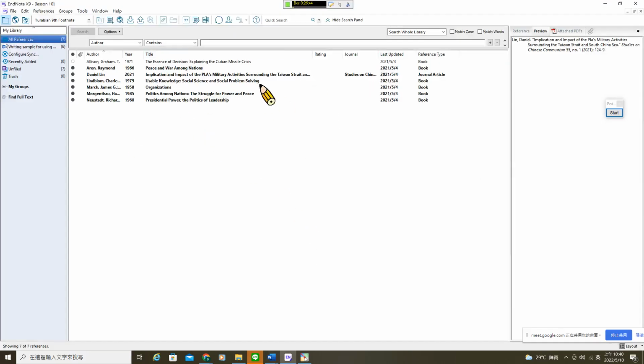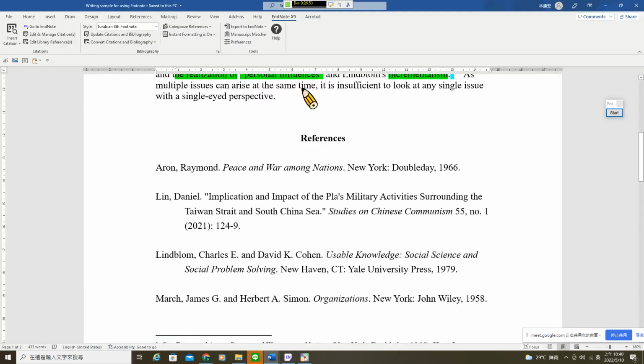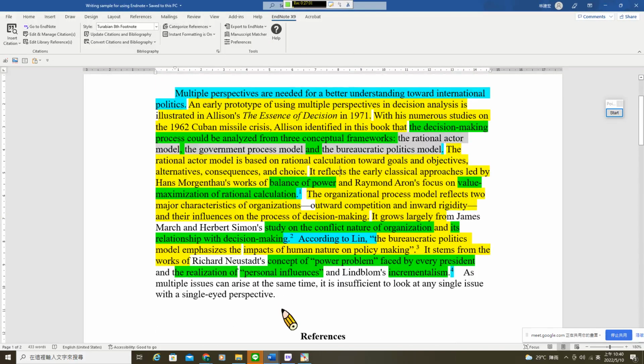And this is something I did. And now I'm going to teach you how to export, how to use this one. You can put your cursor somewhere other than the reference part, just like here in the main text, and you can go to export to EndNote.